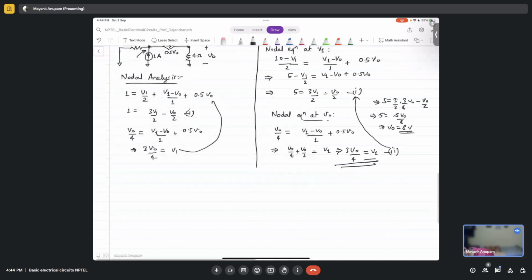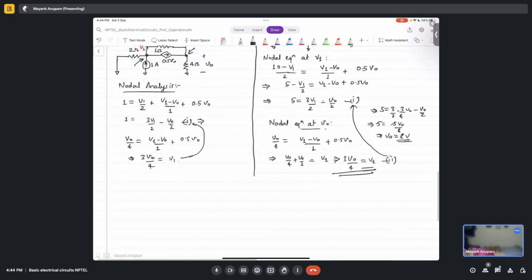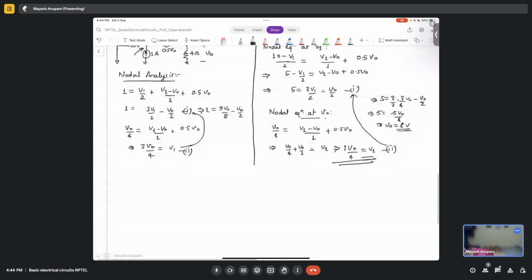So if we replace this in this particular equation here, what will I get? 1 equal to 9 V0 by 8 minus V0 by 2. So what will be the V0 value in this case? 8 by 5 volts, right?